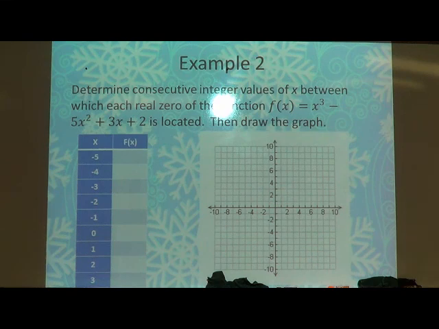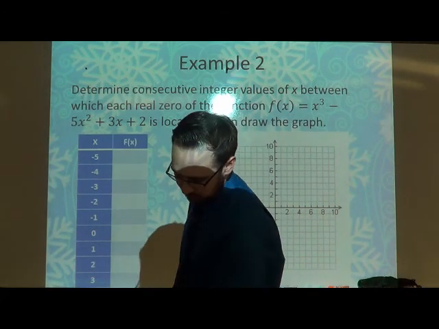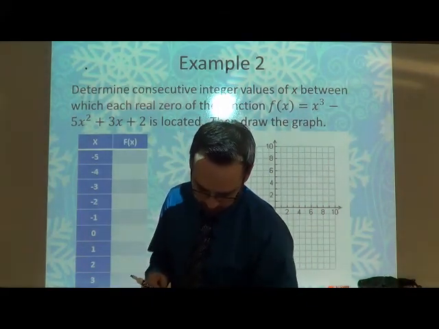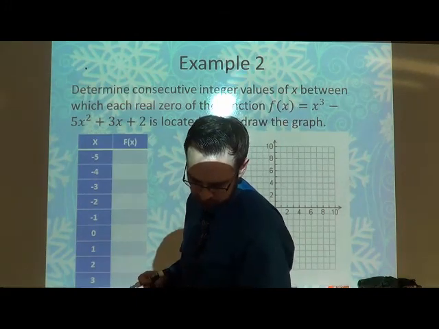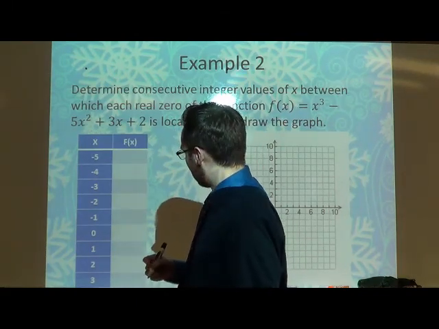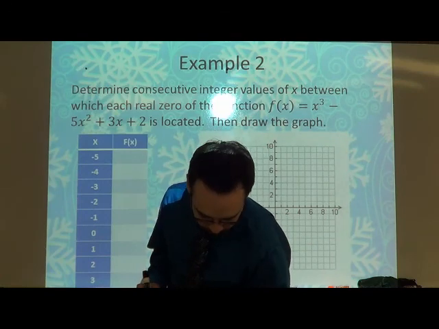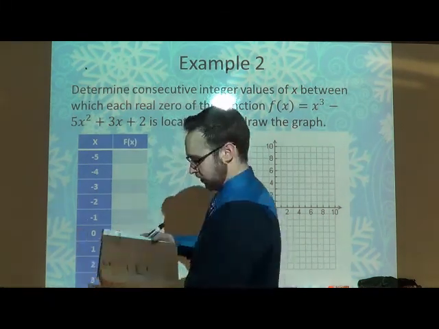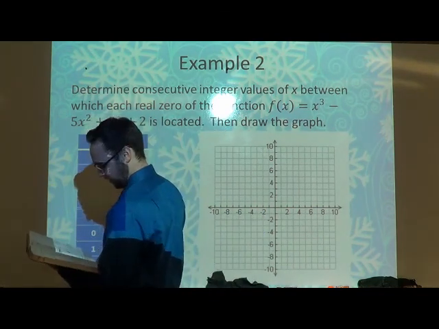So again, let's look at another graph. This time it's a cubic graph. And I am going to go ahead and give you the values for this one as well. In fact, this one might even already be on your notes there. Let's see. So I only have them here in the book from negative 2.